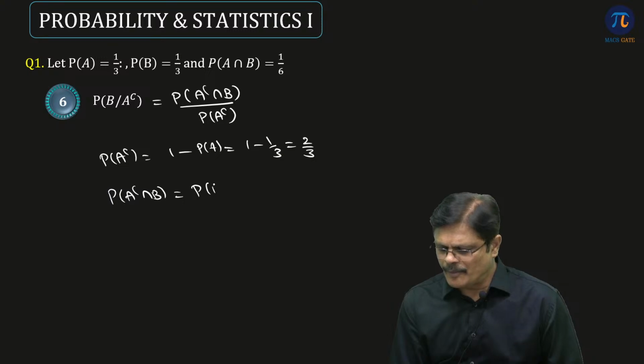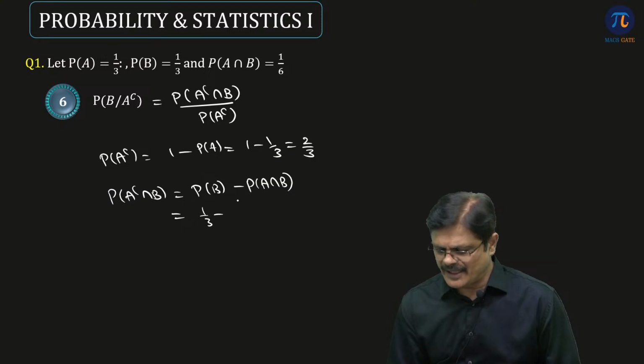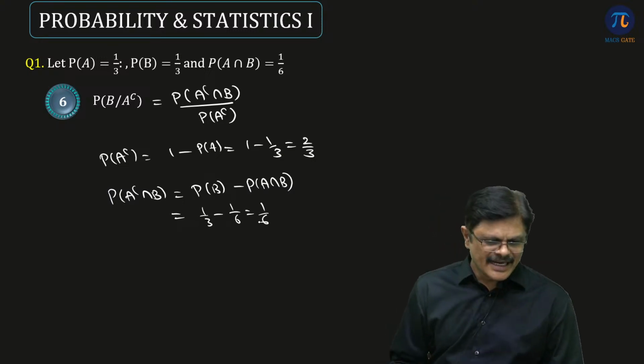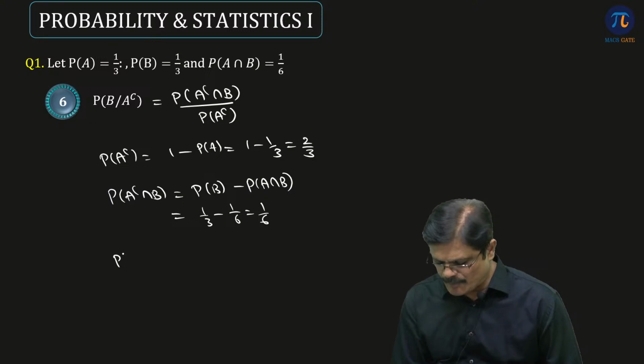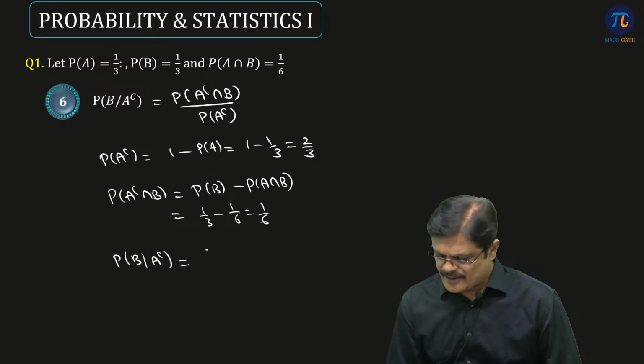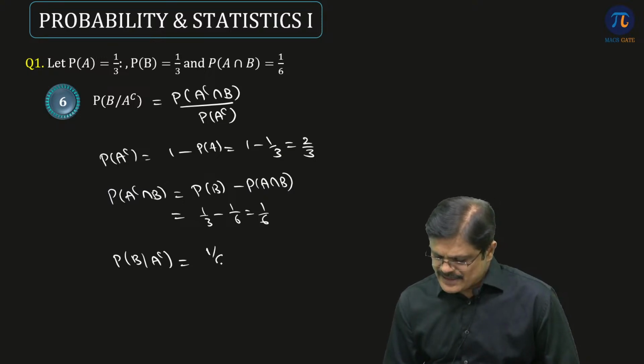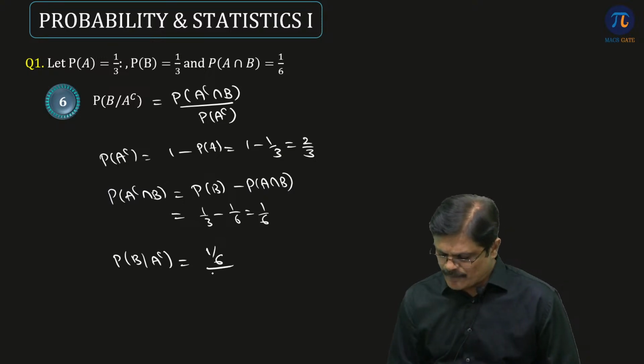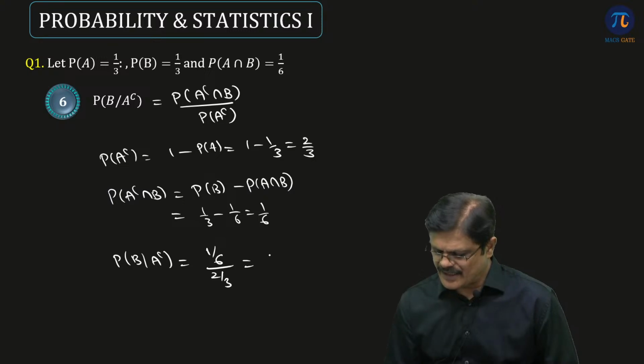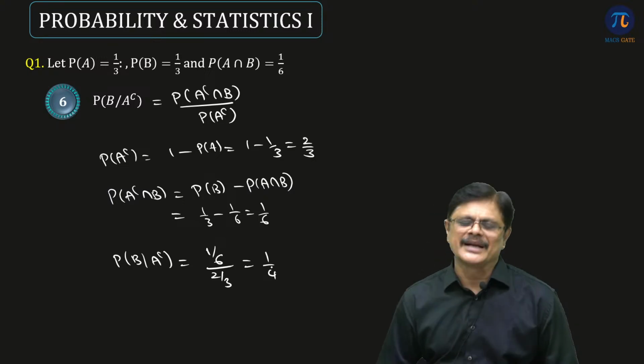From total probability of B, if you remove probability of A intersection B, you are going to get it, which is nothing but 1 by 3 minus 1 by 6, that is 1 by 6. Is the idea clear? So probability of B given A complement is 1 by 6 divided by probability of A complement, which is 2 by 3, that is 1 by 4. That is the answer.